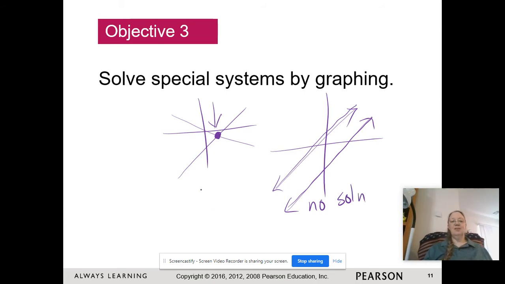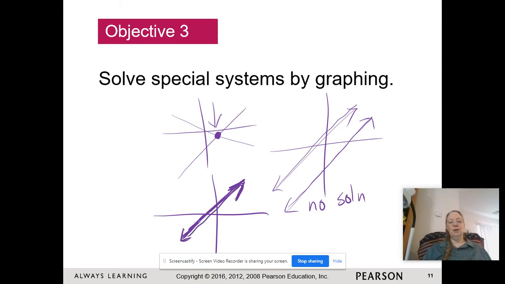Okay. And then the third possibility is where one equation is actually a multiple of the other. So here is my first equation, and here is my second equation. One is just a multiple of the other.